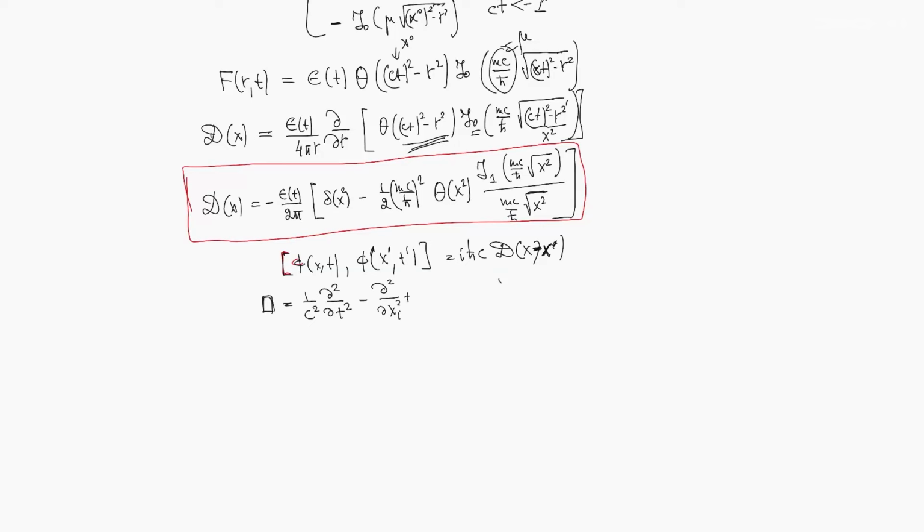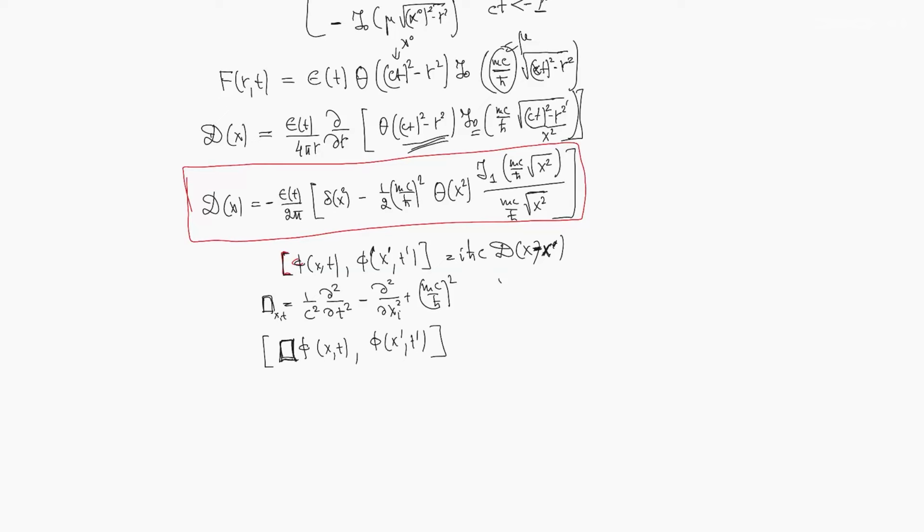So then, since you can act with respect to the points x and t, this box gets inside the commutator, acting on the field phi(x,t). And since phi is a solution of the Klein-Gordon equation, this is 0.